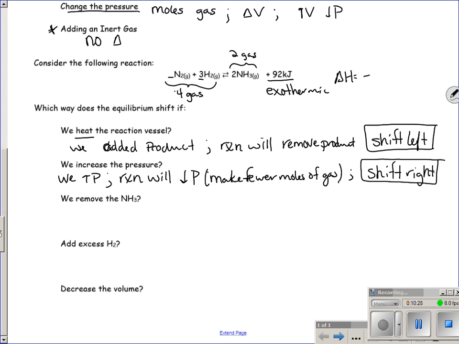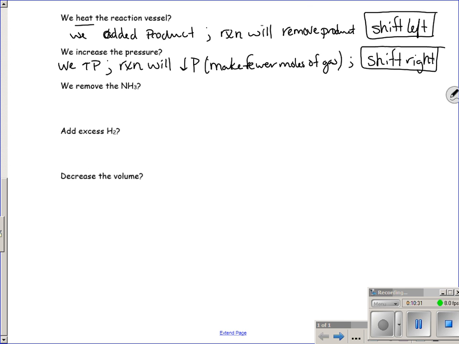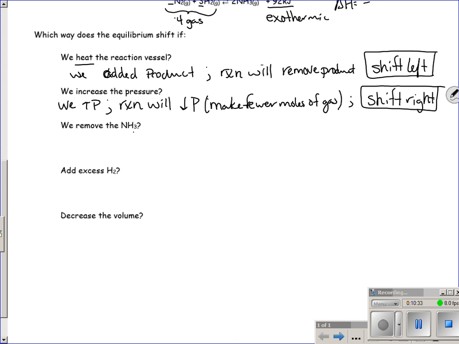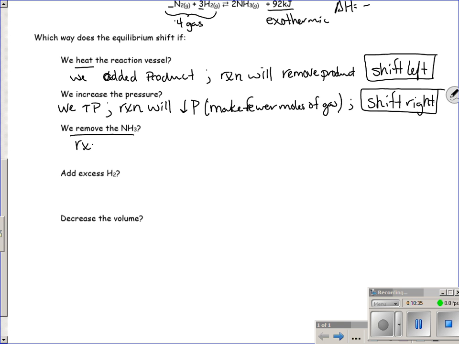If we remove the ammonia, the reaction will make more ammonia, which means the reaction is going to run in the forward direction, and we call that a shift right.